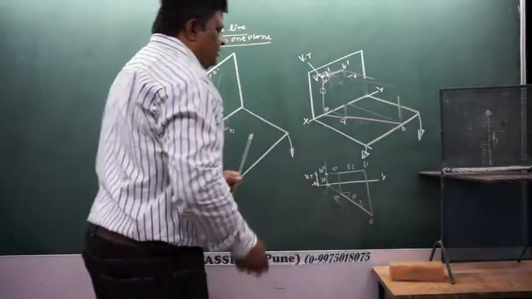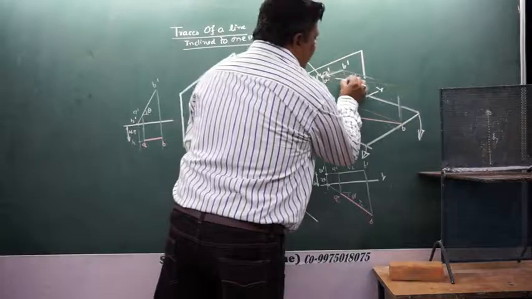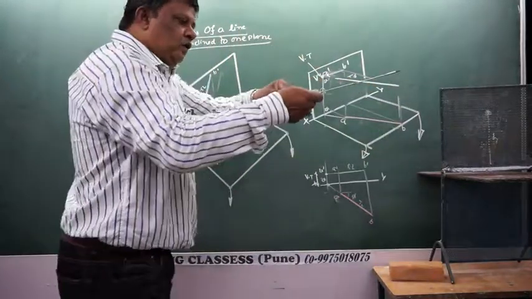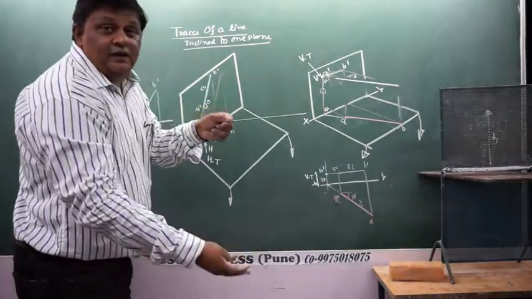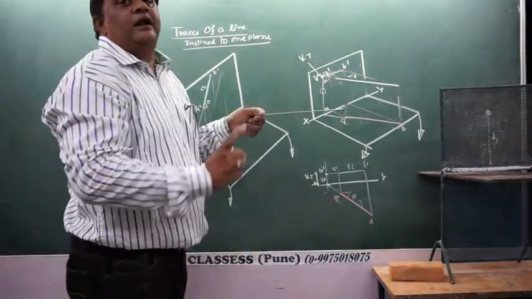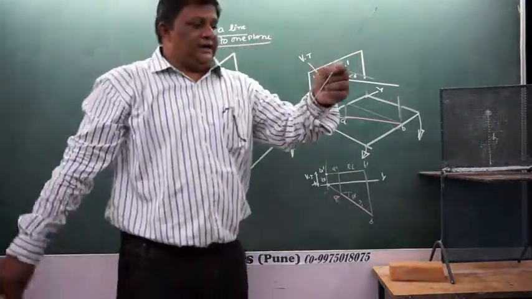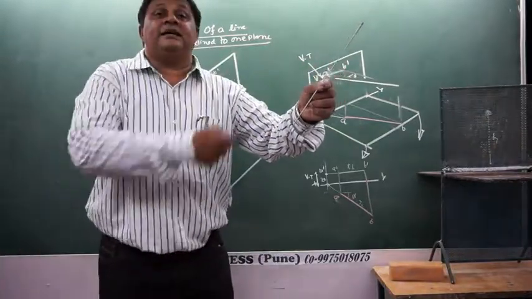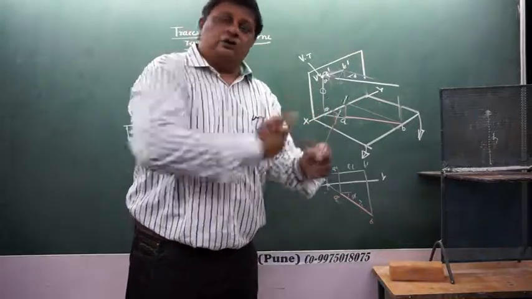Or if you see this particular line, if you keep on extending it, it will go and intersect VP. Done. But will it ever intersect HP? No. Why? Because it is parallel to HP. Similarly, you keep on extending this line; it will never intersect VP, because it is parallel to VP. So can I conclude this?